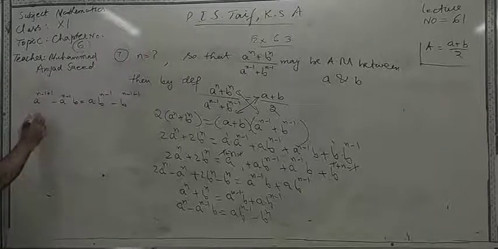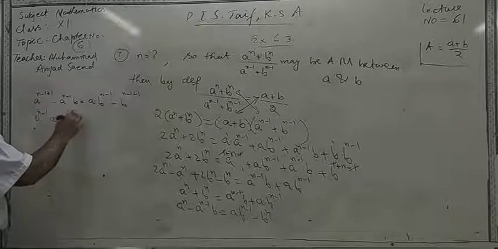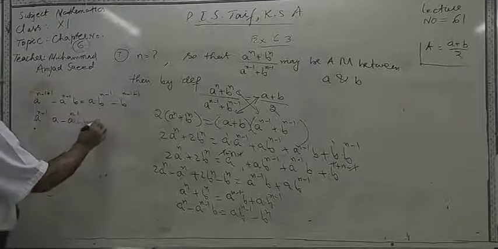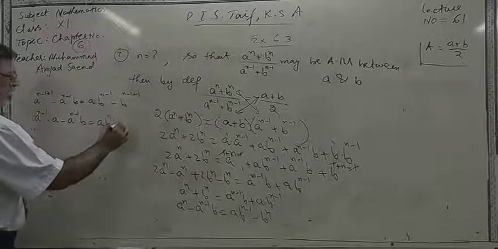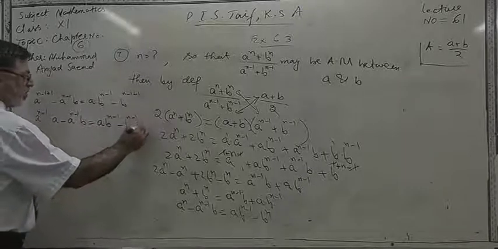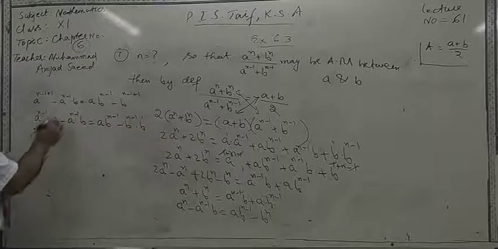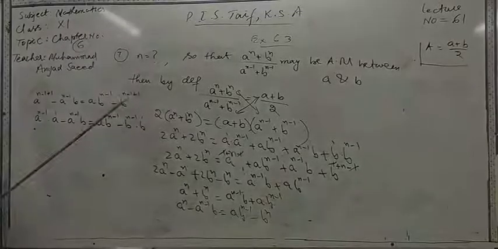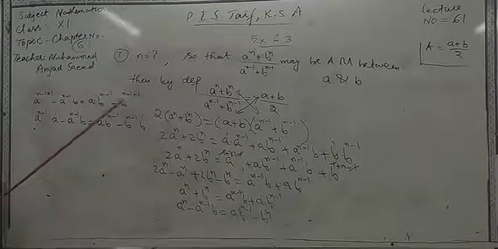Now break down this power. a^(n-1)·a minus a^(n-1)·b is equal to ab^(n-1) minus b^(n-1)·b^1. In fact, here we have broken down the powers, b^(n-1) into b^1 and a^(n-1) into a.